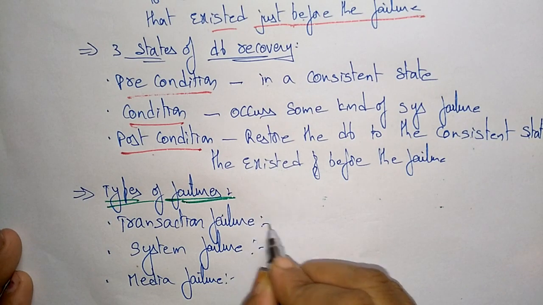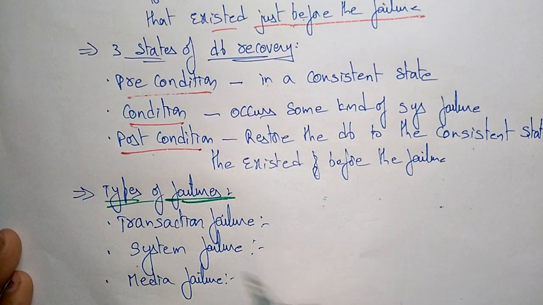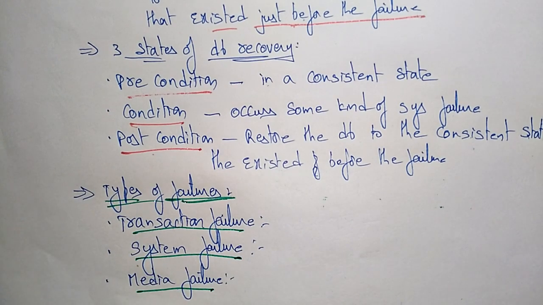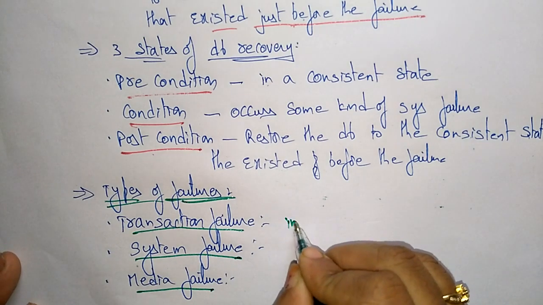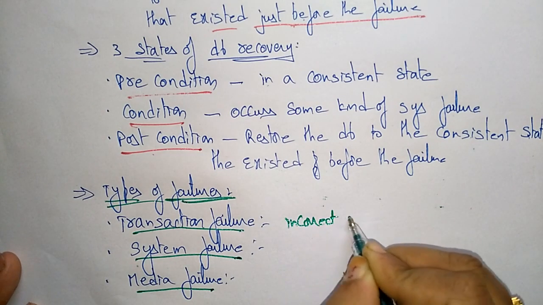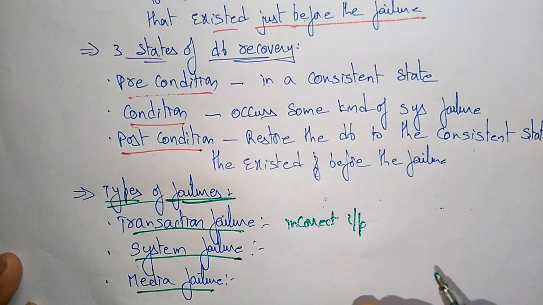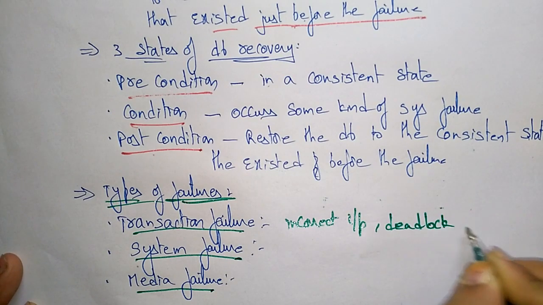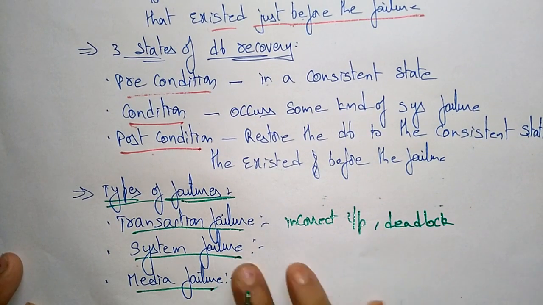Transaction failure means the transaction may fail because of incorrect input. If you give any incorrect input, the transaction may fail. Or if a deadlock occurs. Those are the transaction failures.